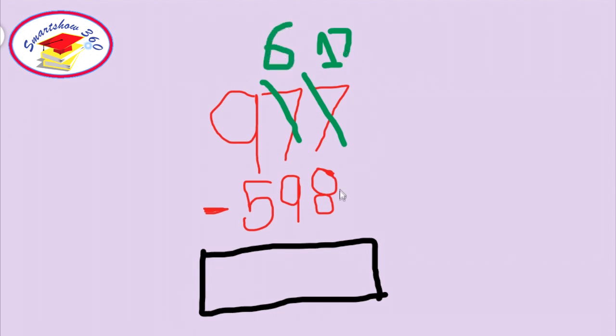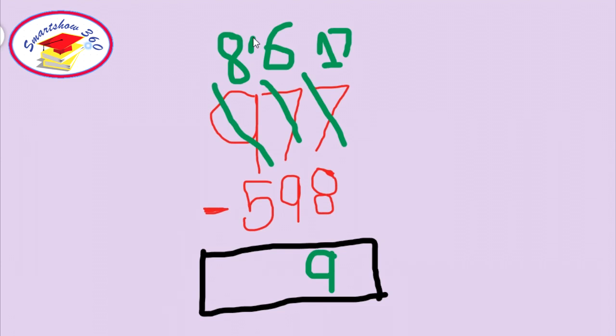So here 17 minus 8 equals to what? Yes, it is 9. Next, it is 6 minus 9. You cannot take 9 from 6. So what we do? We again borrow from the hundreds place. See here. 9 becomes 8.